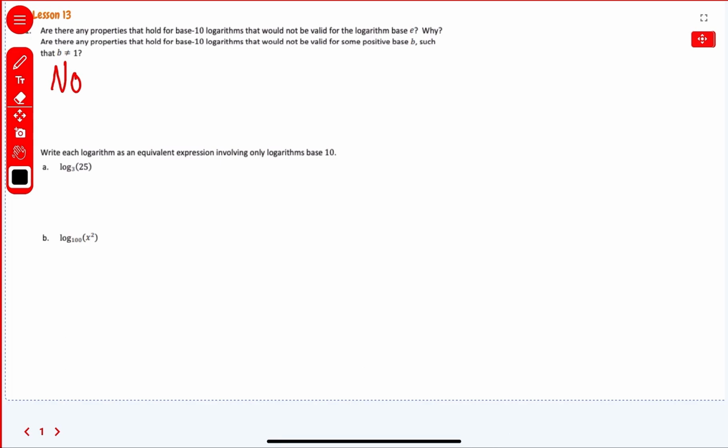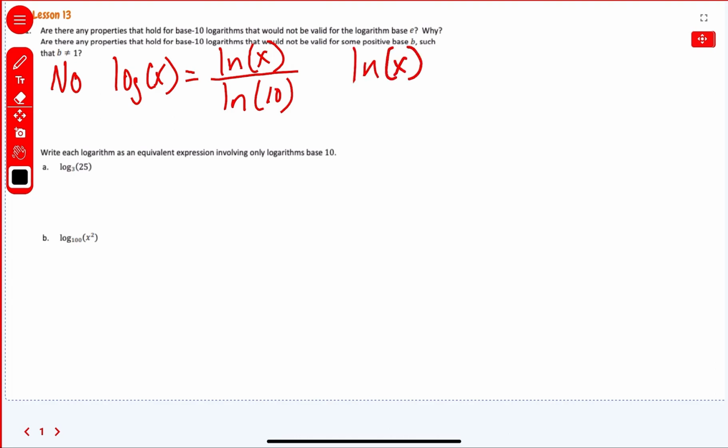Because what's happening there is we have log of x is equal to ln x over ln 10. And then for natural log, we would have ln of x is equal to log x over log e. Okay, so does it matter?